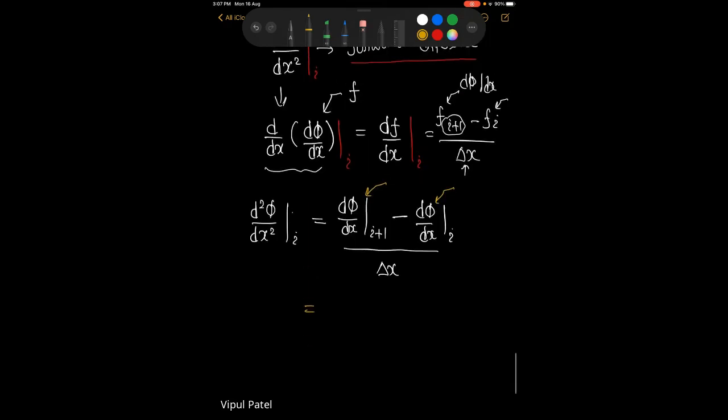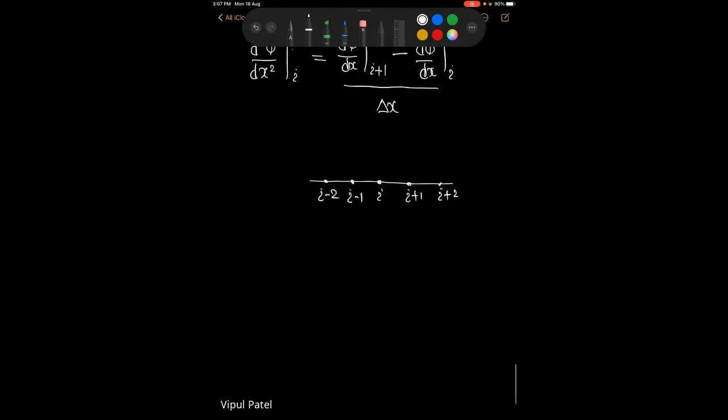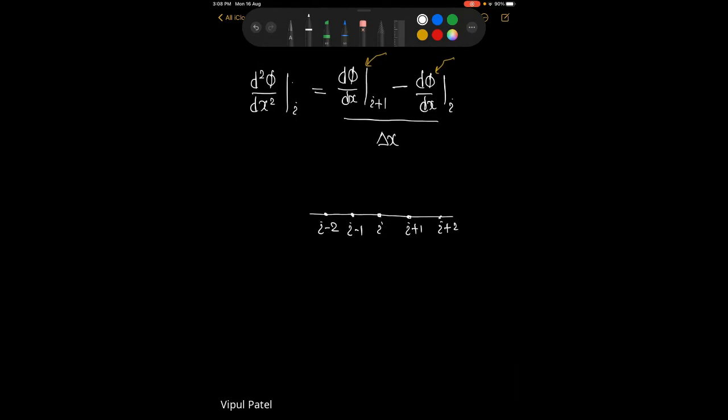Right, so again let me draw up this figure. So this is my node I, this is I plus 1, this is I plus 2, this is I minus 1, this is I minus 2. Now I want to write d phi by dx at this particular position with forward difference approximation.